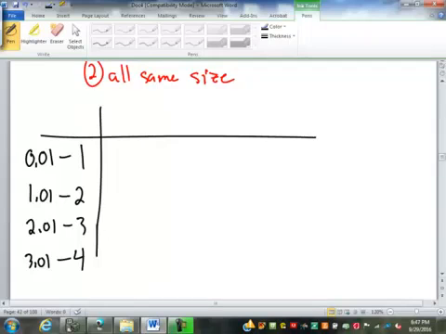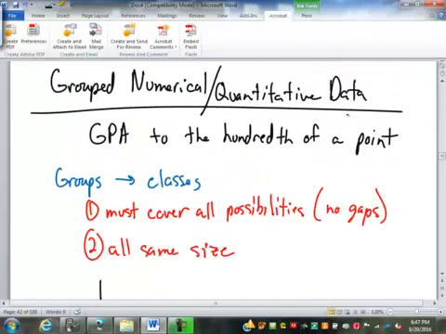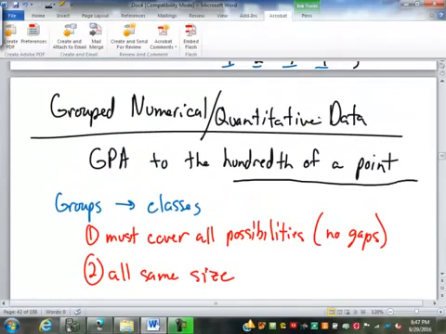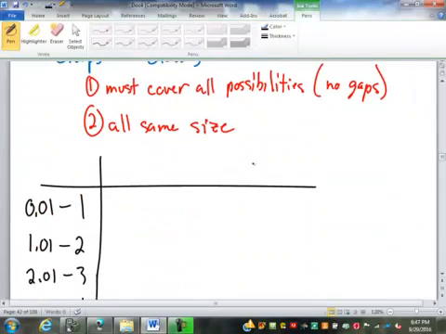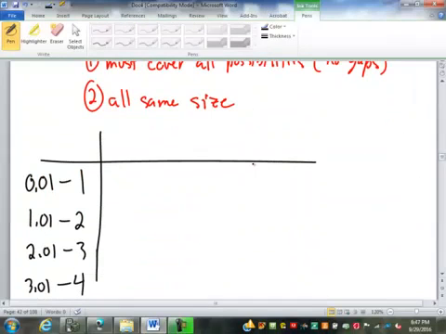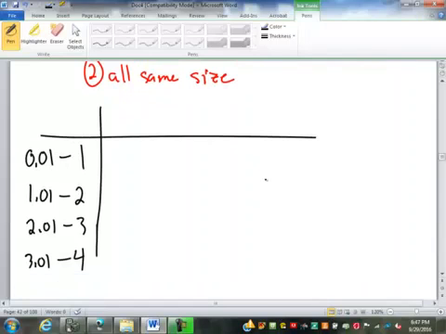We said that it was measured to the nearest 100th of a grade point. That's why I had to go 0.01 instead of just 0.1. If I had said we're only going to the nearest 10th of a grade point, then a 0.1 to 1 and 1.1 to 2 would have been adequate. But when I say to the nearest 100th, I've got to have it like that. Otherwise, you can fit in between. We don't want you to fit in between classes, in between groups. And it does cover everything.